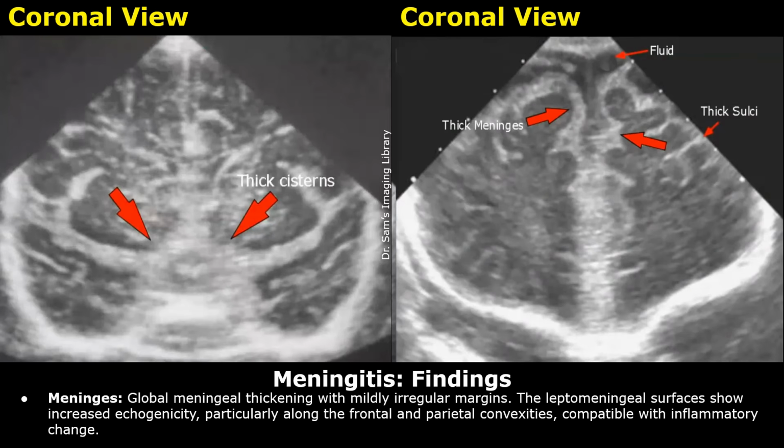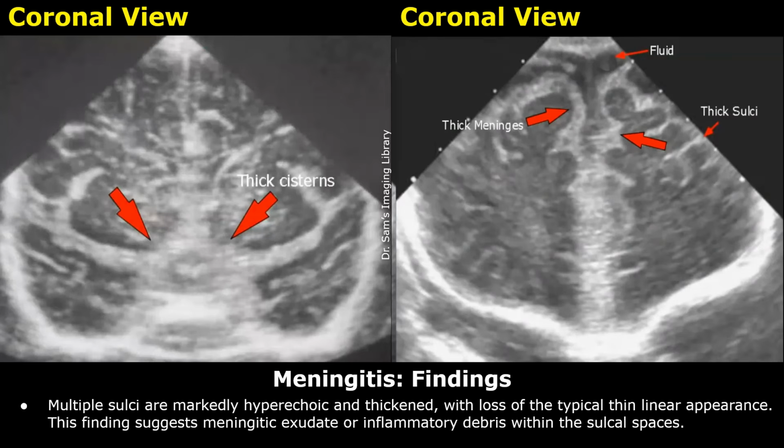The leptomeningeal surfaces show increased echogenicity, particularly along the frontal and parietal convexities, compatible with inflammatory change. Multiple sulci are markedly hyperechoic and thickened, with loss of the typical thin, linear appearance. This finding suggests meningitic exudate or inflammatory debris within the sulcal spaces.